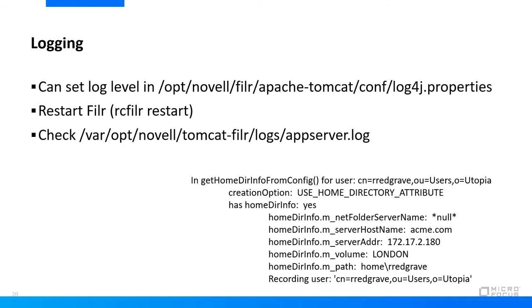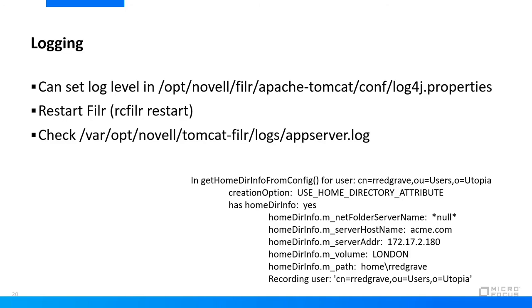There is logging available for the LDAP components of Filr. You can set the log level. There's a configuration file, the log4j properties file, which you've got here, and if you just do a search for LDAP in there, you'll see the LDAP bits. There's some bits for LDAP authentication, the LDAP browsing, and indeed the LDAP sync that you can uncomment and get the logging in the app server log file.